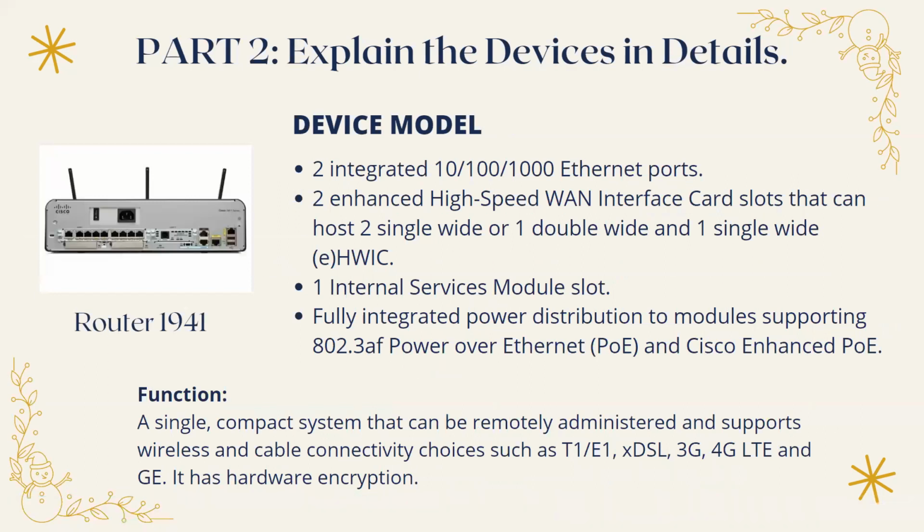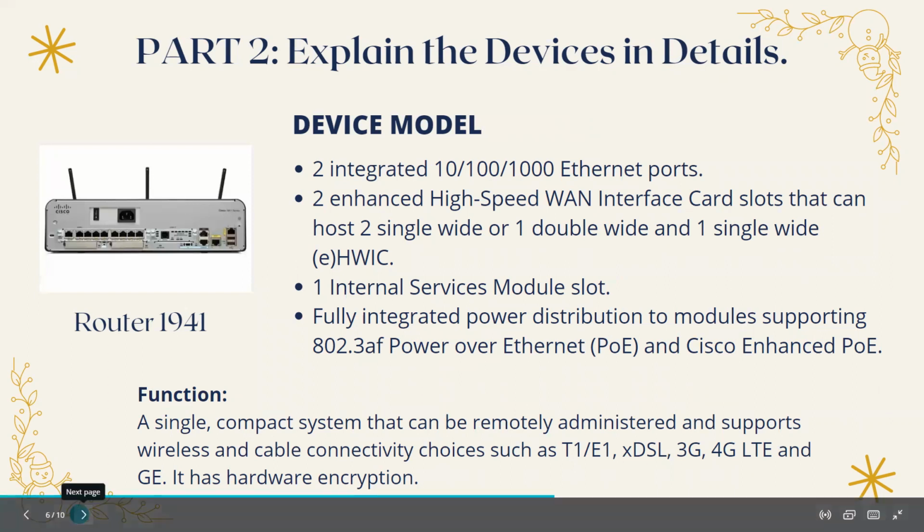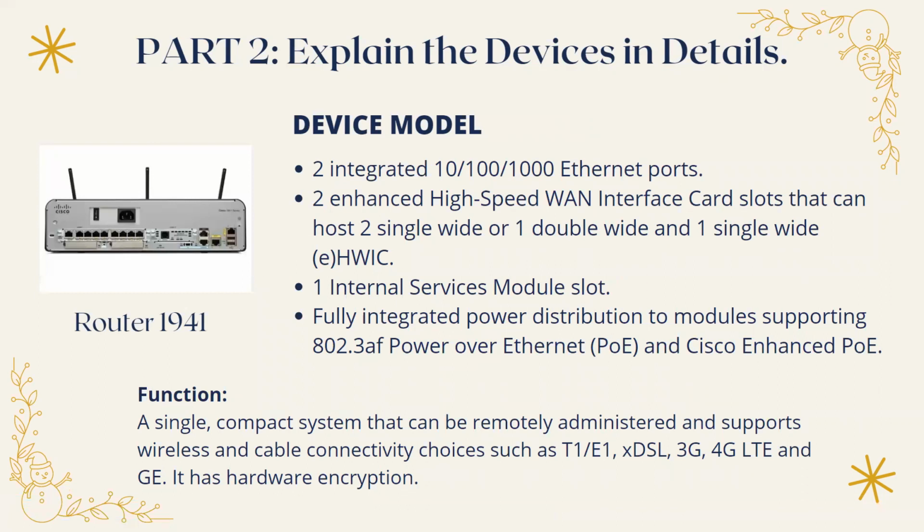So next, we go to the router 1941. For the device model, we have 2 integrated 10/100/1000 Ethernet ports. We have 2 enhanced high-speed WAN interface card slots that can host 2 single-wide or 1 double-wide and 1 single-wide EHWIC, 1 internal service module slot, and fully integrated power distribution to models supporting 802.3af Power over Ethernet, PoE, and Cisco Enhanced PoE.